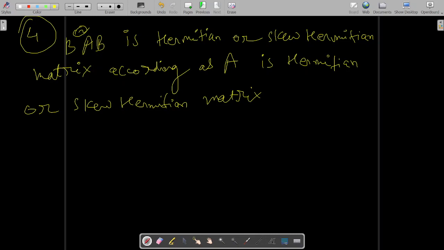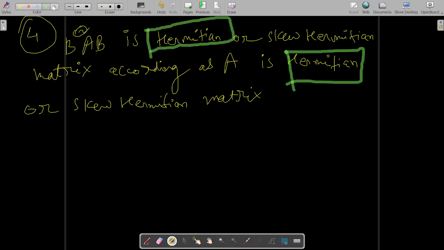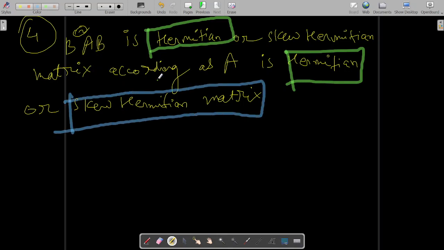Okay, so B conjugate AB is your Hermitian or skew Hermitian, depending on whether A is Hermitian or skew Hermitian matrix. So if your A is Hermitian, then B conjugate AB will also be Hermitian. And if your A is, suppose, skew Hermitian, then your B conjugate AB will also be skew Hermitian. Okay, so this is the thing.